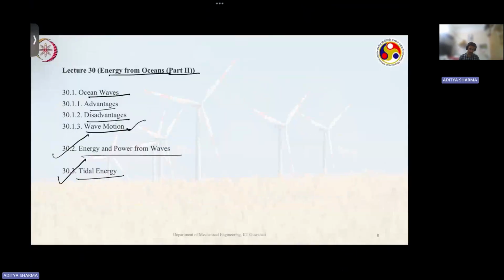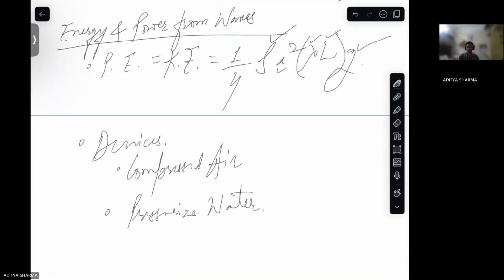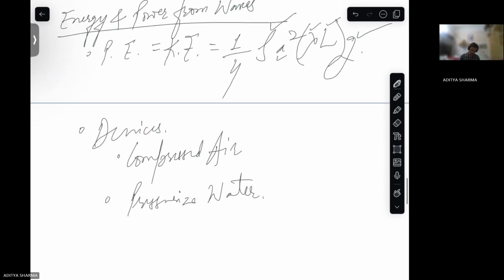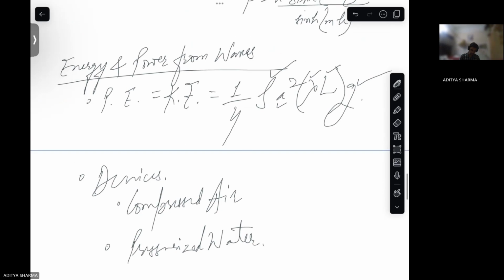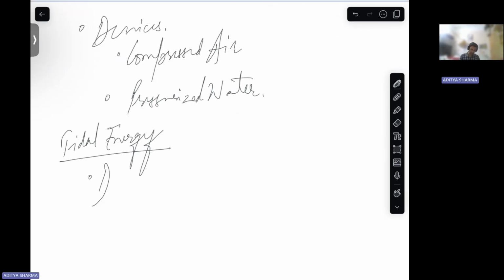Then is your tidal energy. So what happens in your tidal energy?